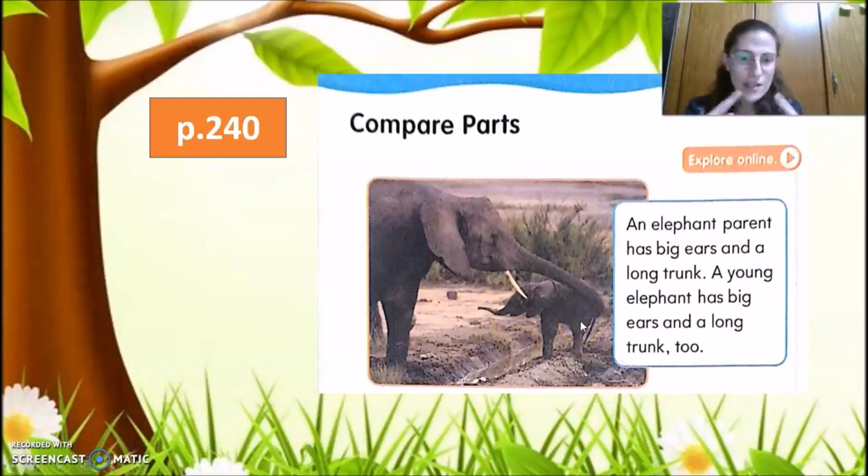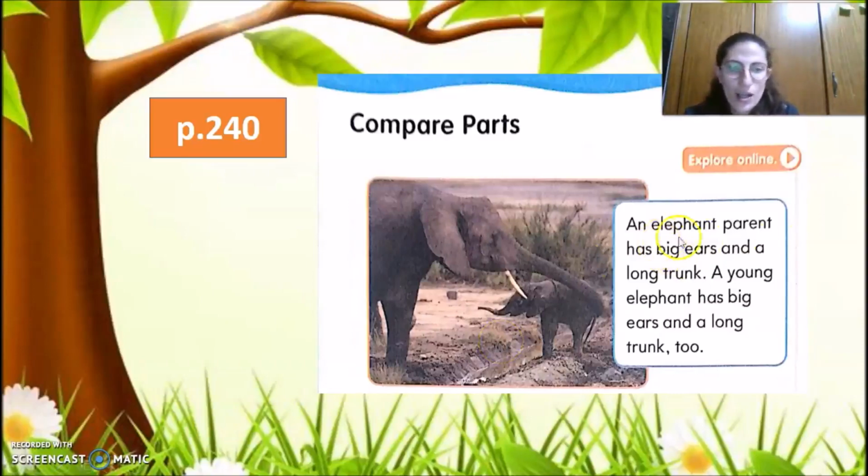But day after day, it will grow the tusks to look like its parent. Clear? So one more time, both the young animals and the parent animals share most of their parts, okay, but they are of different sizes. However, some parts are still not present in the young elephant, but as these young elephants or young animals grow day after day, they will grow these missing parts to look like their parents.